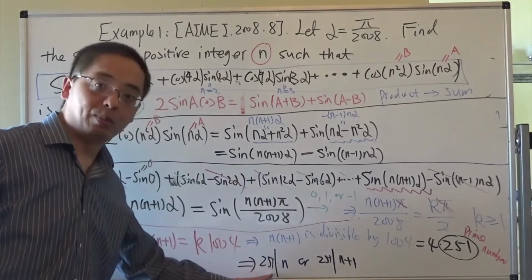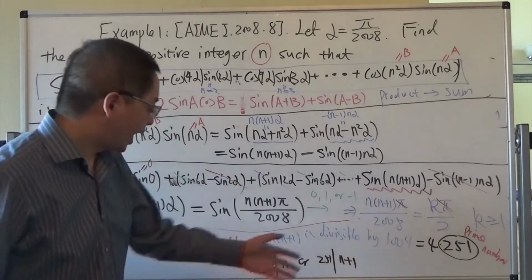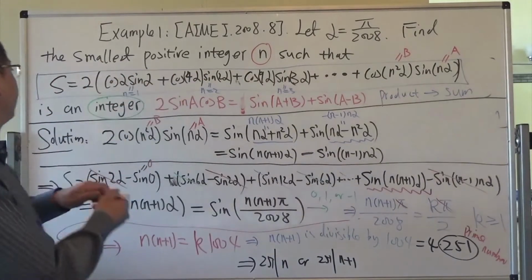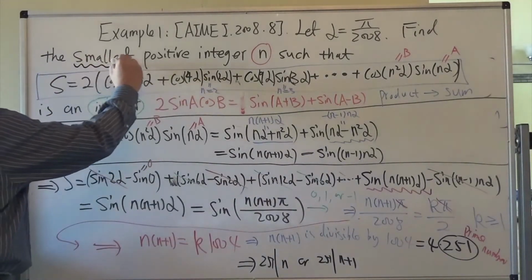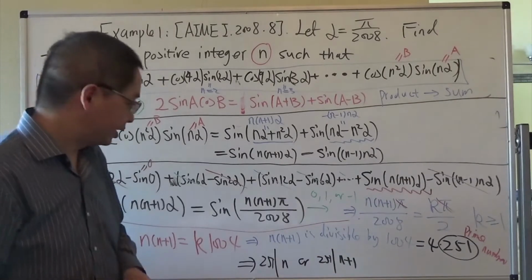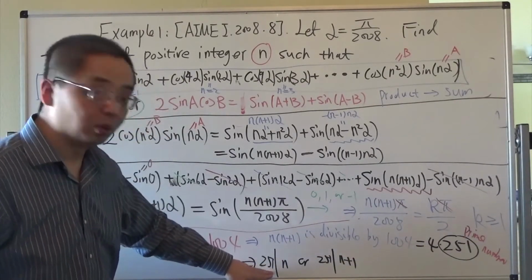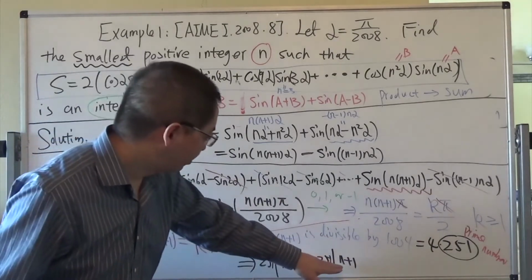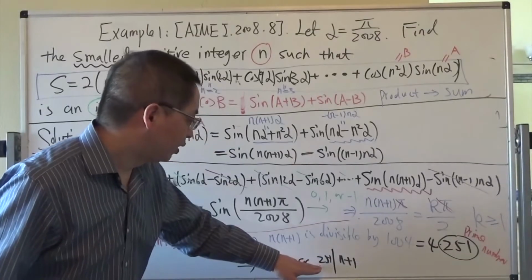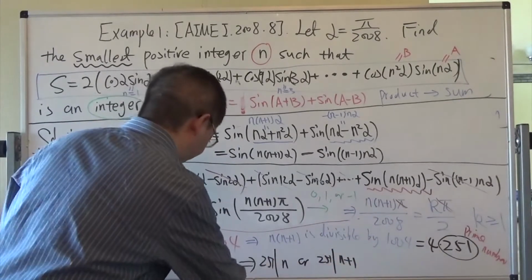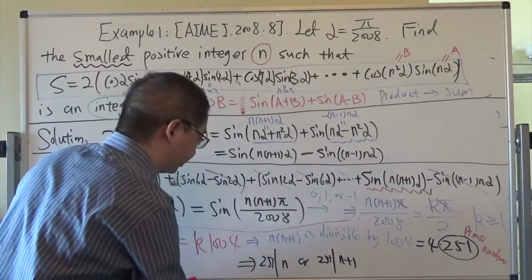Now, because we're looking for the smallest n, we have two choices. Either I put n to be 251, or I put n plus 1 to be 251.